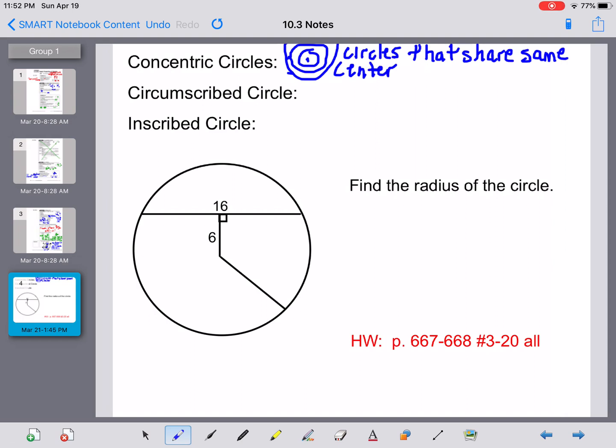But have different, I'm going to write this two ways here. They have different size radii. Basically, it just means different sizes.